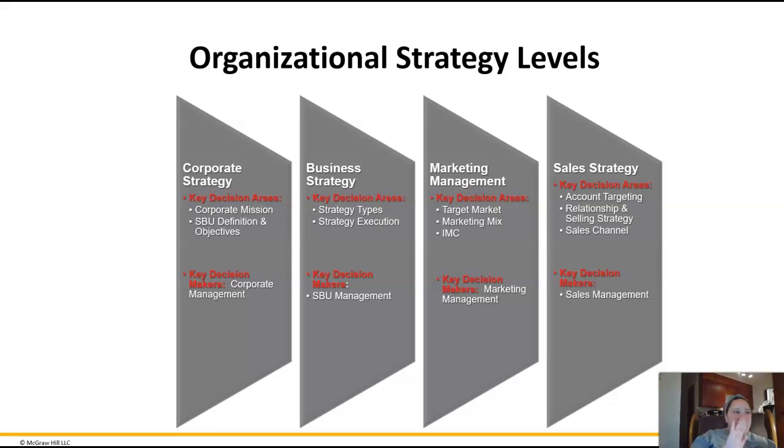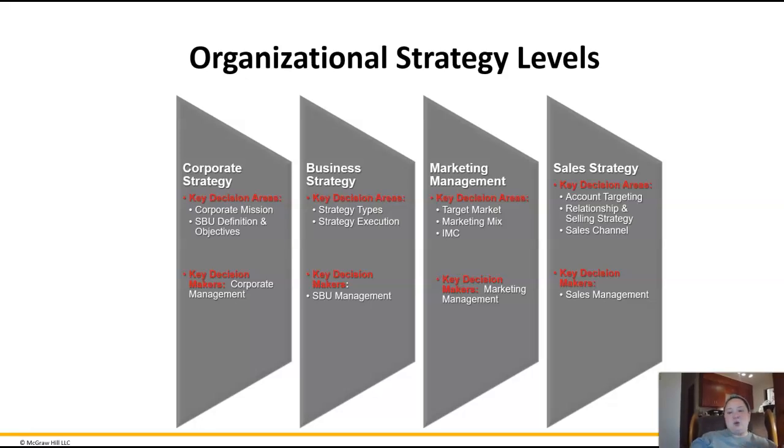I'm leaving a lot off, operations, etc. But in the marketing area, then you're going to boil down to like your target market, your marketing mix. So the 4 Ps, your integrated marketing communication plan, how everything in your marketing works cohesively together. And so marketing management's going to make those decisions.